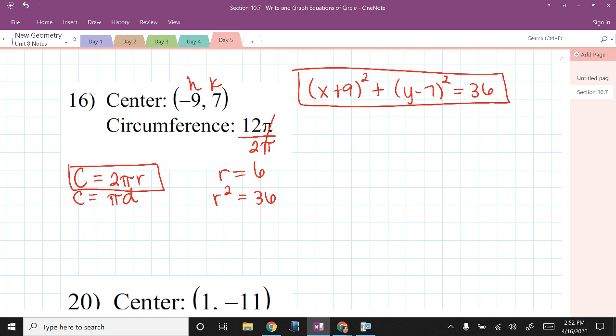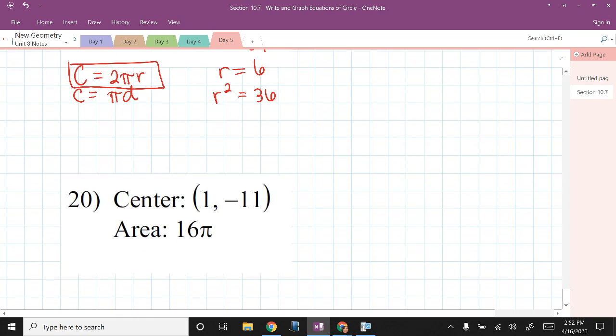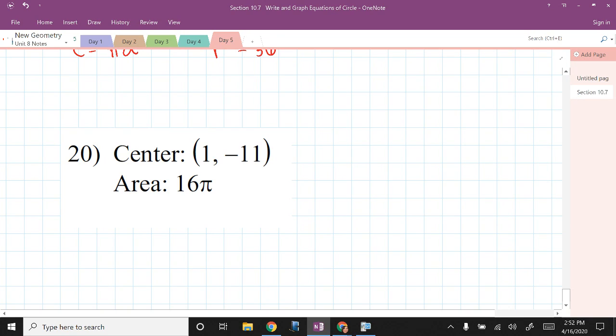Number 20, a little different. This time they give you the area. Well, let's talk about how an area and a radius are related. So remember that the area for a circle is pi r squared, right? So if we divide by pi, that would tell us r squared.